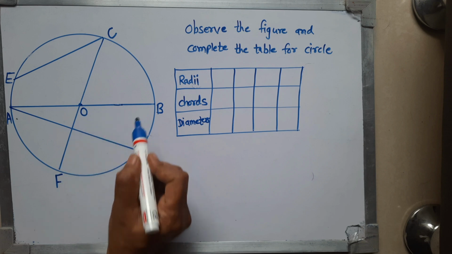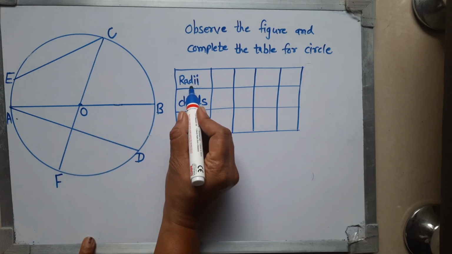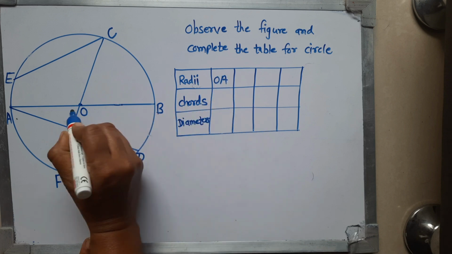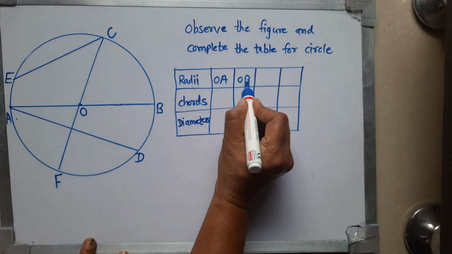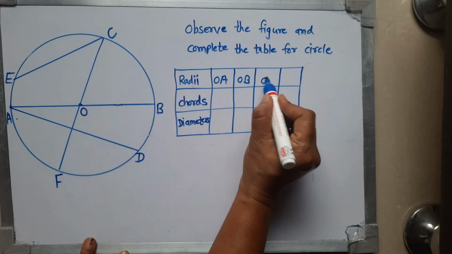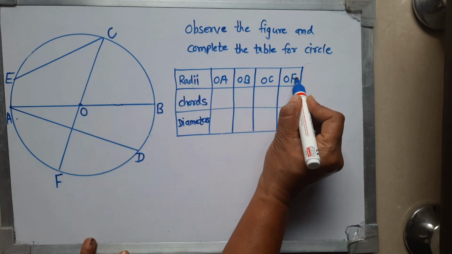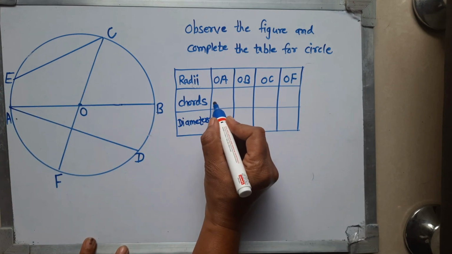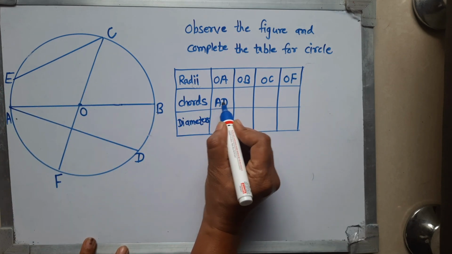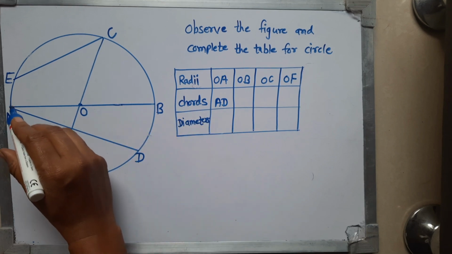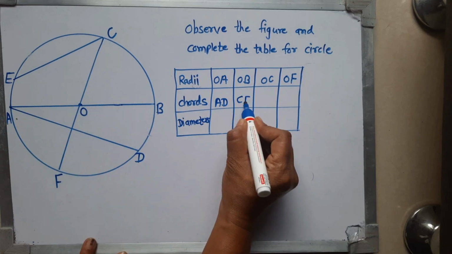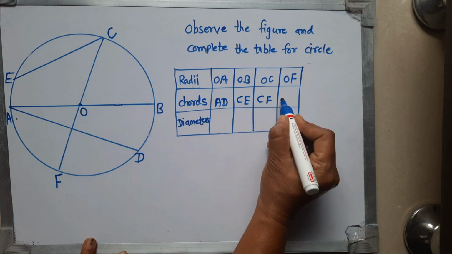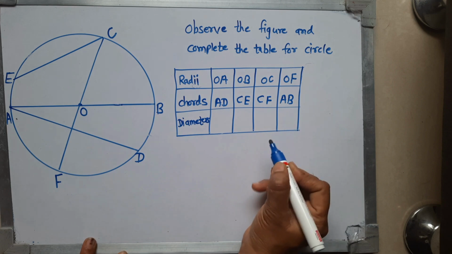This is center point O. Radii: OA, next OB, OC and OF, 4 radii in this figure. Next chords: AD, CF, and diameter is the big chord, CF and AB.